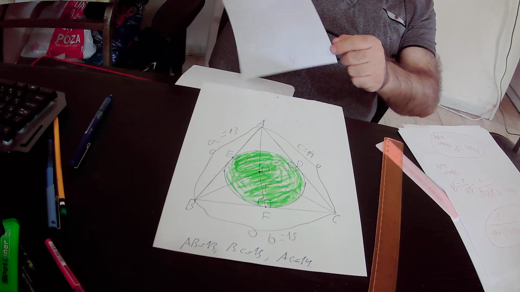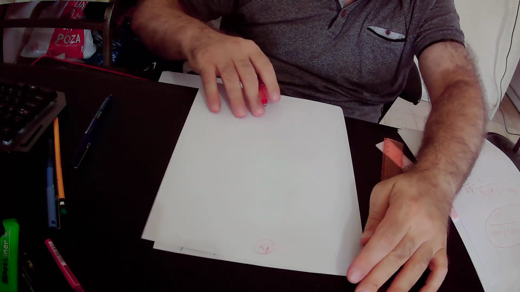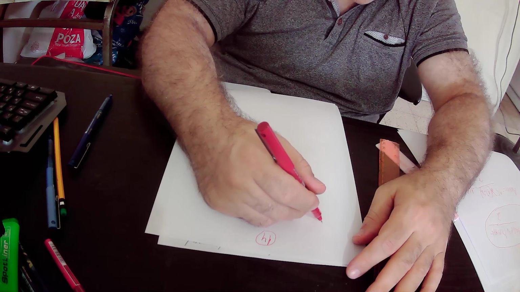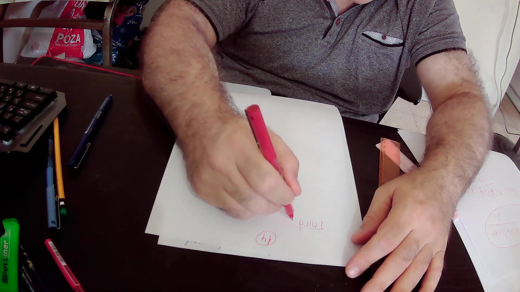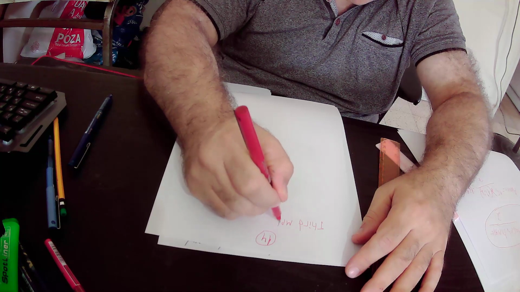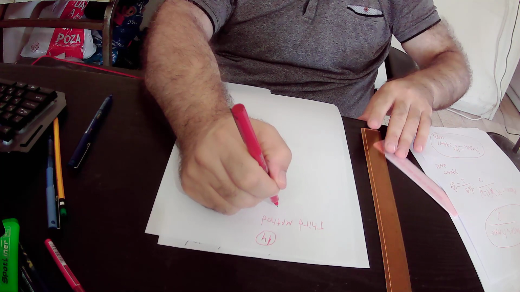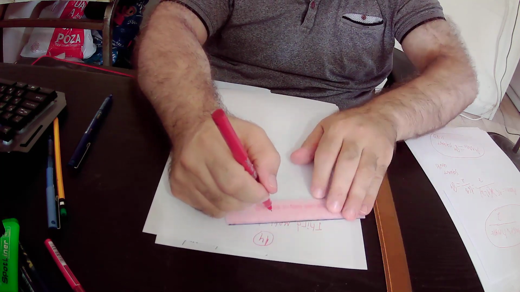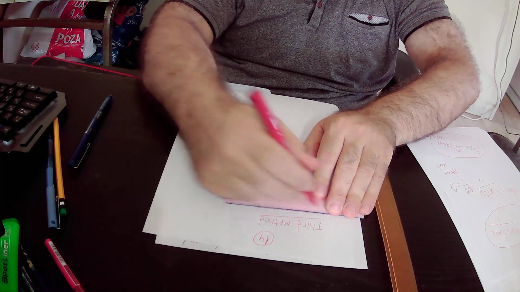Okay, so I will present to you a third method to find out the area of triangle ABC.